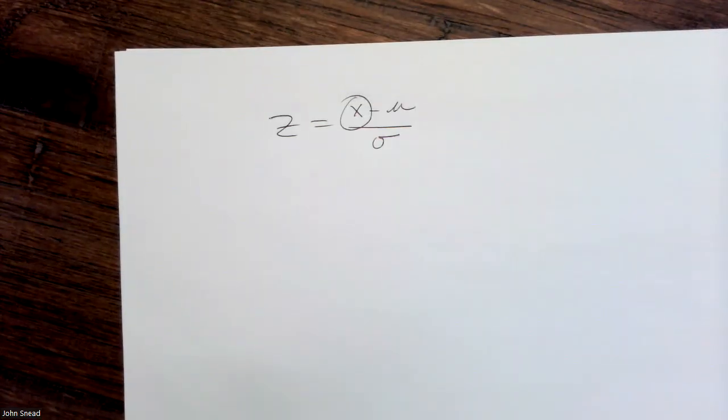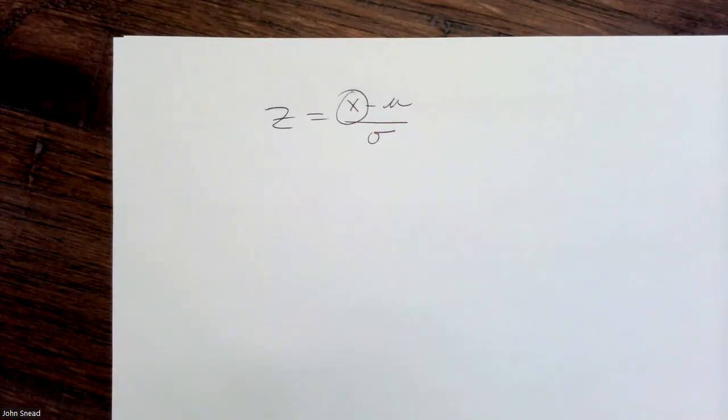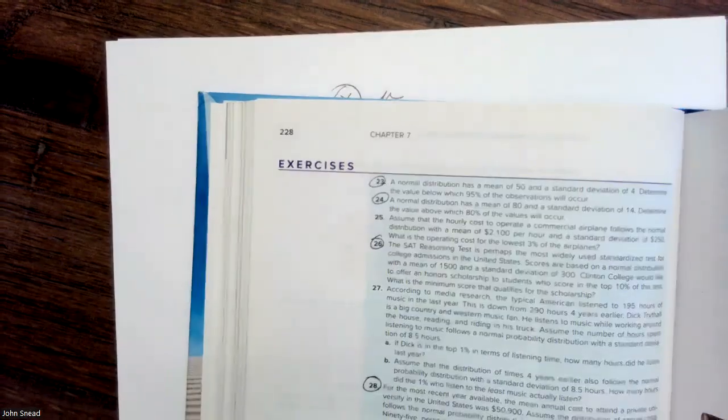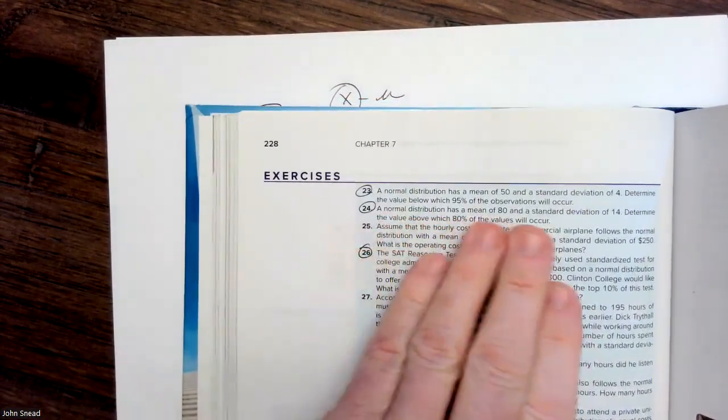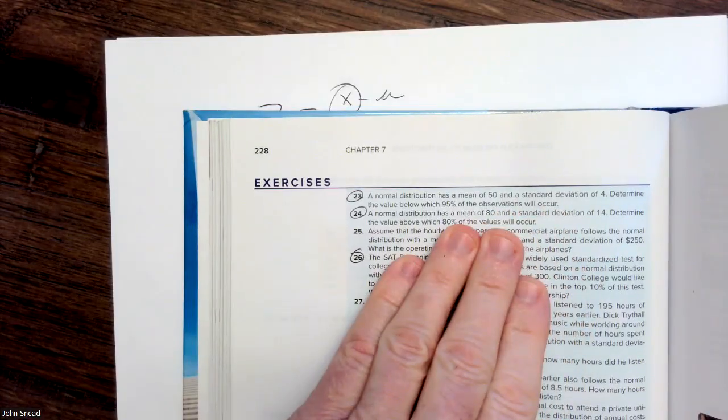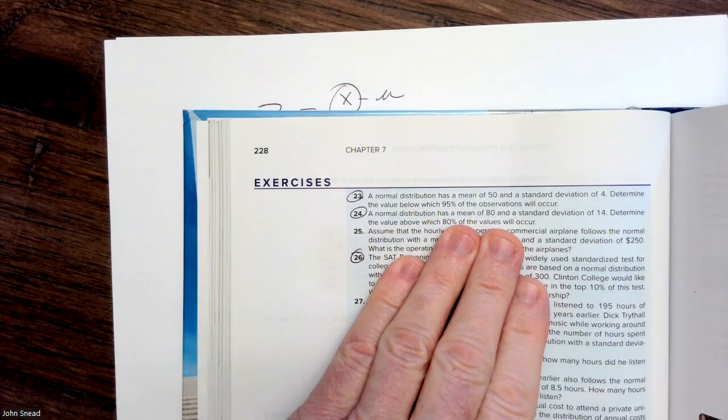Let's go through an example, and probably the best way to do this is to reference one that's in the textbook. If you look at page 228 of the text, number 23: a normal value has a mean of 50 and a standard deviation of 4. Determine the value below which 95% of the observations will occur.